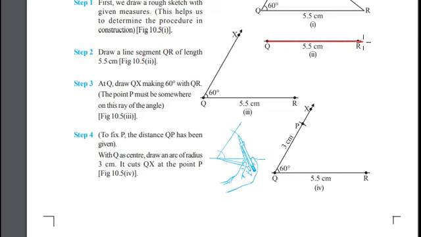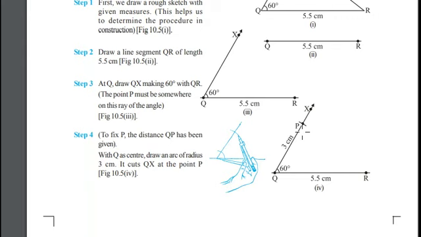This length is already given. In this condition we have to use protractor. So keeping Q as a center, mark an angle 60 degree. Then draw a line segment QX. The point P must lie somewhere in this line segment. We need to find out that.